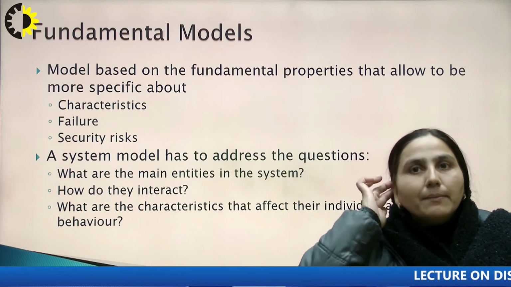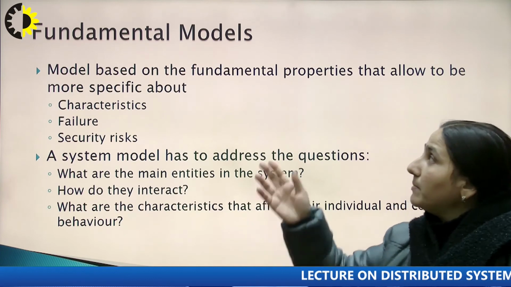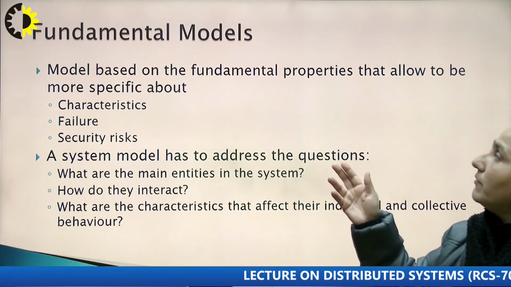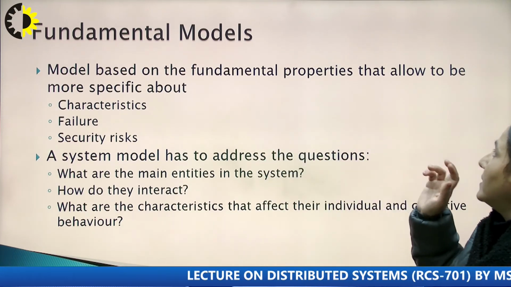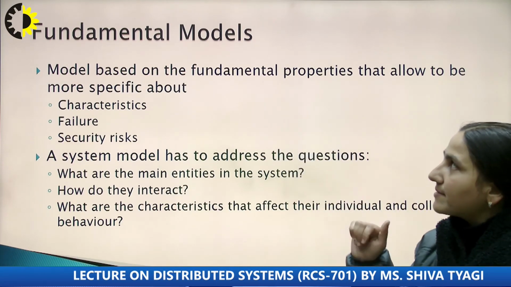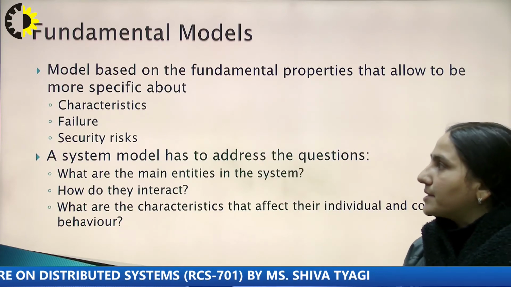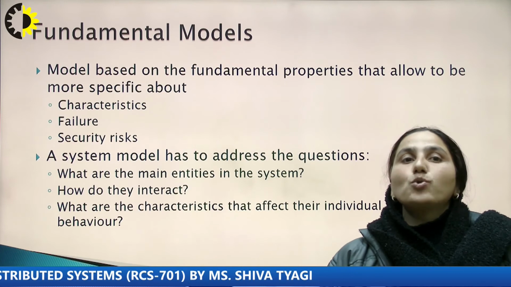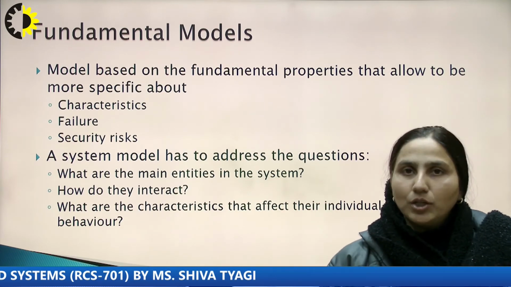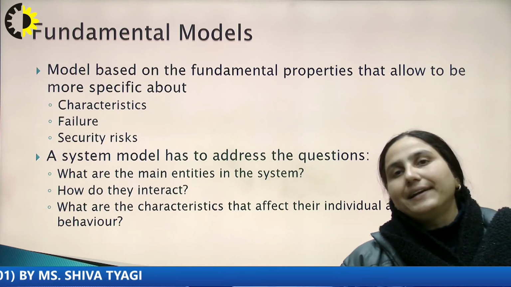Now comes the fundamental model, which is based on the fundamental properties. It is clear from the word itself: the model based on fundamental properties allows us to be more specific about the characteristics of the system, the failures and the security risks. A model has to address three questions. What are the main entities in the system?